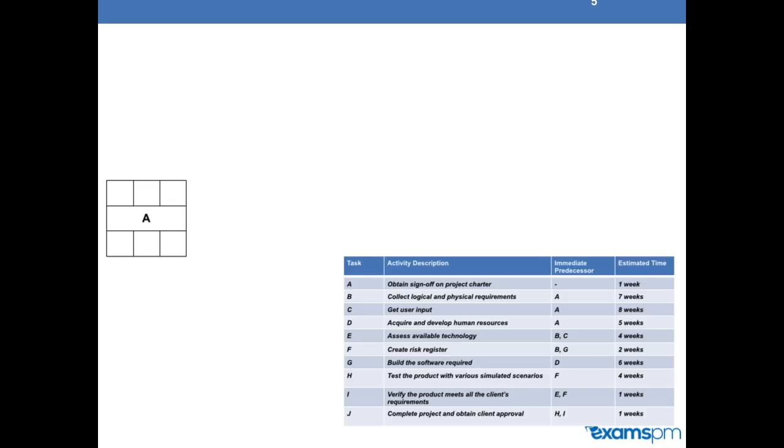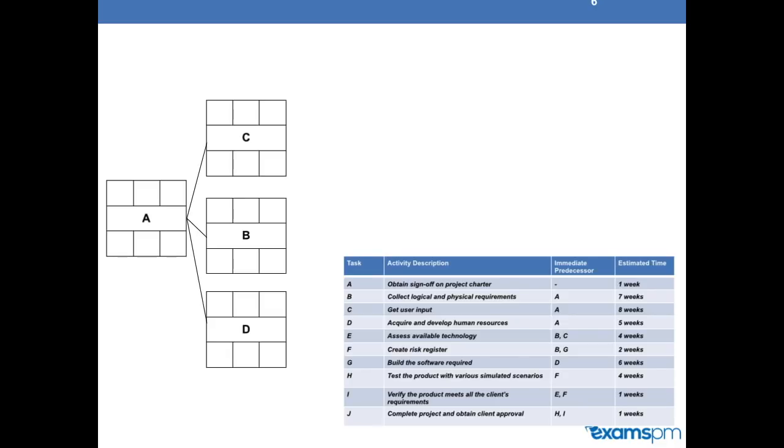So as we see from the diagram, after activity A is completed, activity B, C, and D can start because when we look on our third column here in the immediate predecessor, activity B, C, and D all have A as a predecessor, which means activity A must finish for activity B, C, and D to start. So we can draw activity B, C, and D on our charts.